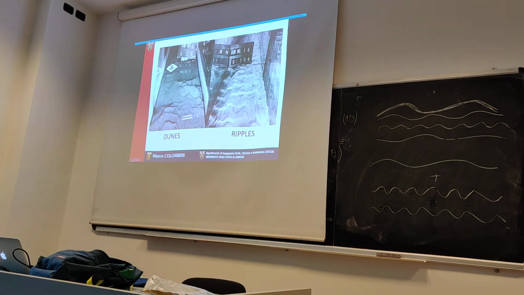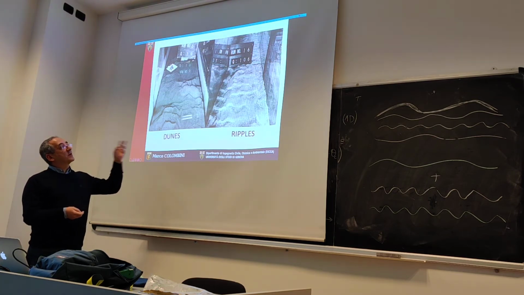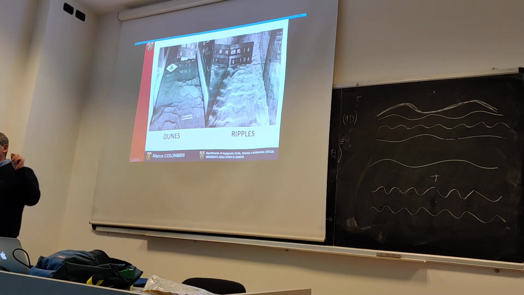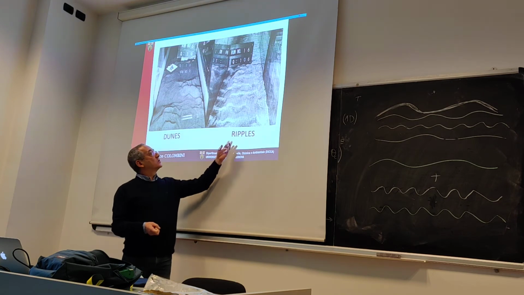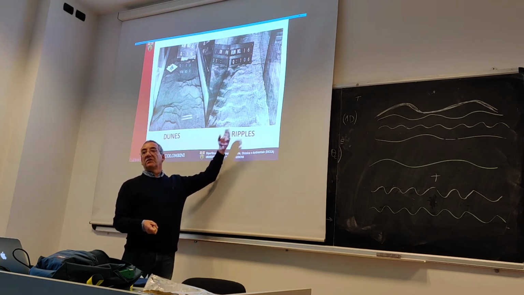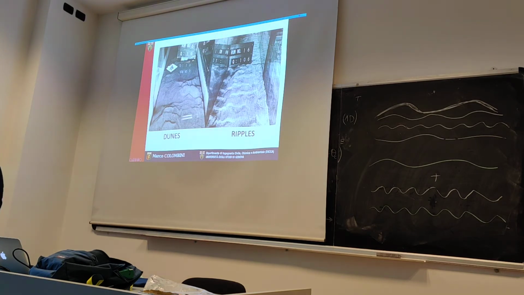Okay, so you should build up a model simple enough, but able to catch what is the important mechanism which leads to the formation of a ripple instead of the dunes, because you will not be able to see the difference in a linear stability analysis. They look exactly the same.